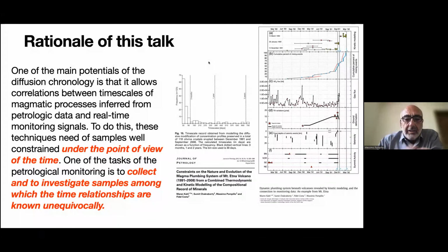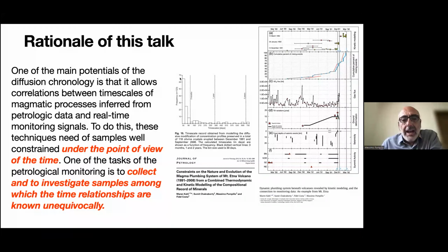Just to give an idea, here is a diagram from a paper that I co-authored with Sumit, Maren Cole and Fidel Costa. You can see the timescale record obtained from modeling the diffusive modification in olivine. More than 65% of the timescales are within a few tens of days, about one month.